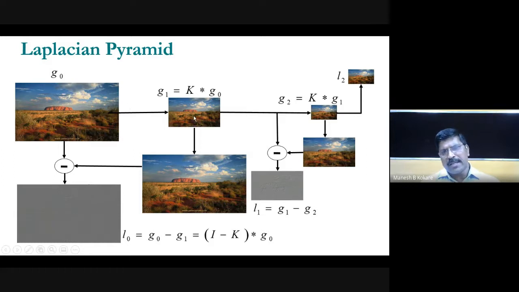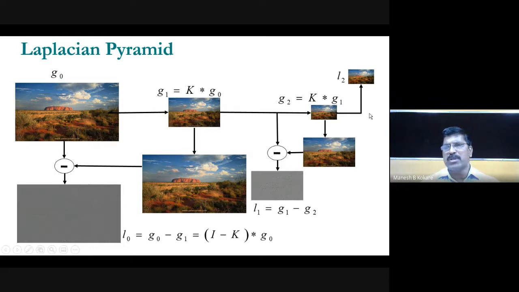Again, at the next level, with the G2 filter, this image is Gaussian filtered, and again decimated. The same process is done here, and then you get the half size image, right? Again the same process: upsampling and then reconstruction of the image. Between the original image and this reconstructed image, you find the Laplacian, which is nothing but the high pass component, right?